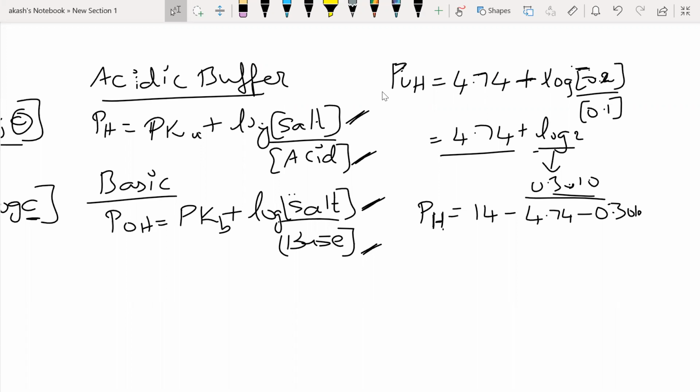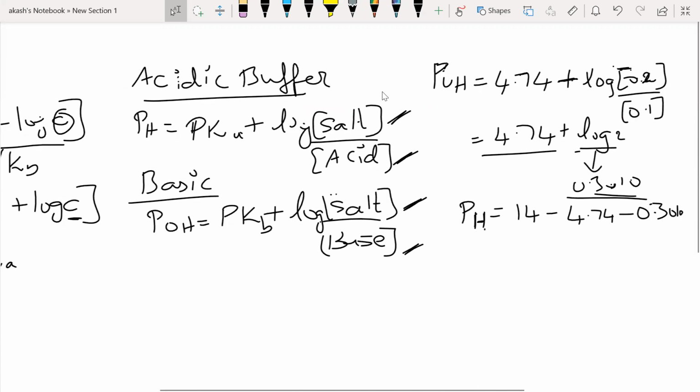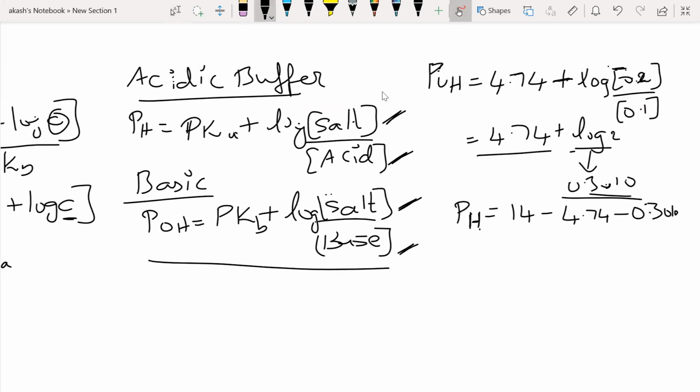Right. So again, a buffer solution, again a basic buffer. So the same formula, the pOH formula. But they've given pH, right?